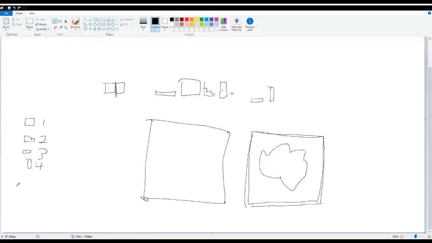I'm going to be loading only 4 chunks of 16 blocks per chunk, which is 256 blocks in total.